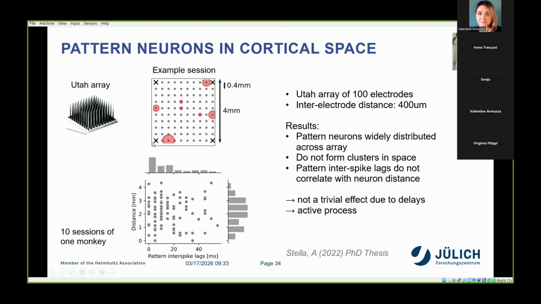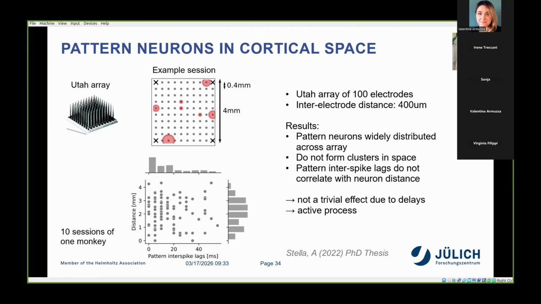And if the radius is bigger, this neuron was involved in multiple patterns. And what you can see already is that there is no clustering in space, because this would be cortical space, so to say. Furthermore, we looked at the distance of these neurons, which you can calculate, the physical distance, right? And then relate this to the pattern lags from one of the spikes in the pattern to the other.